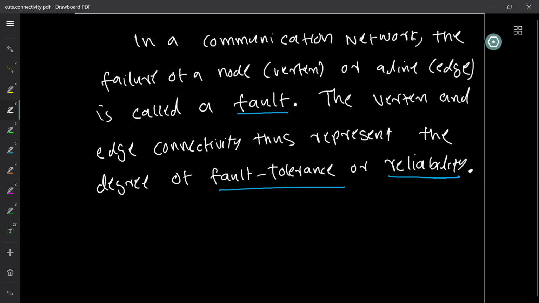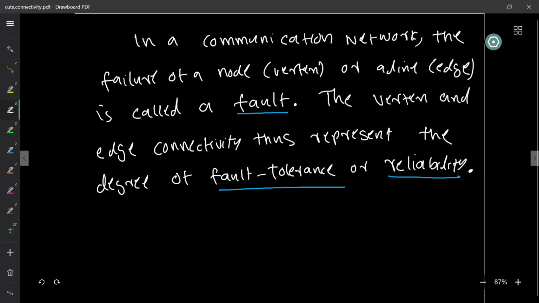So then we can ask, when I am going to build a network, what is the minimum number of edges, the communication lines, that is required so that I have a good degree of fault tolerance?